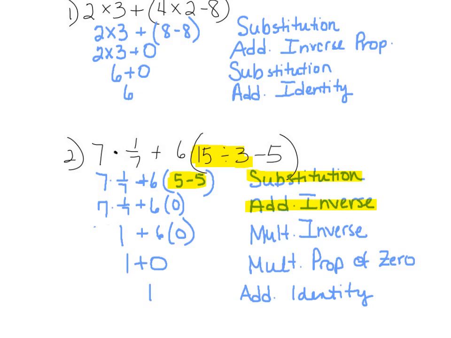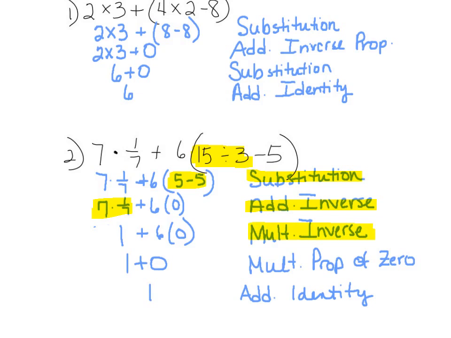All right, the next step that I have to do is 7 times 1 over 7. Well, 7 over 1 and 1 over 7 are reciprocals or multiplicative inverses. So I know that when I multiply multiplicative inverses, my product is always 1. So I explain that step using multiplicative inverse property.